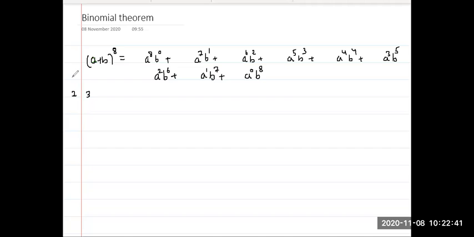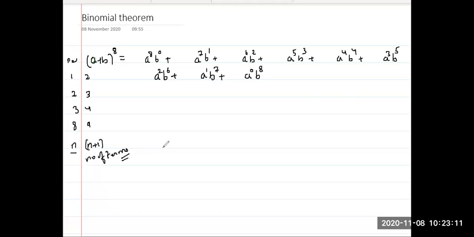When we had power 1, we had 2 terms. When we had power 3, we had 4 terms. When we have power 8, we have 9 terms. So can I say that if the power is n, the number of terms will be n plus 1? Yes or no? Because it is 0 to n. That's why we have n plus 1 terms. Step by step, everything is easy.